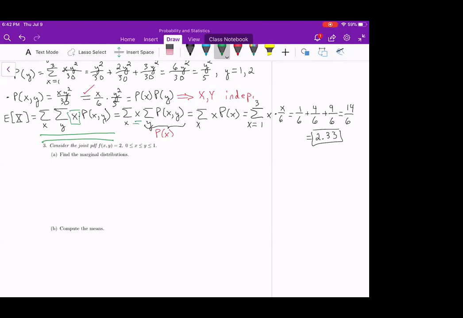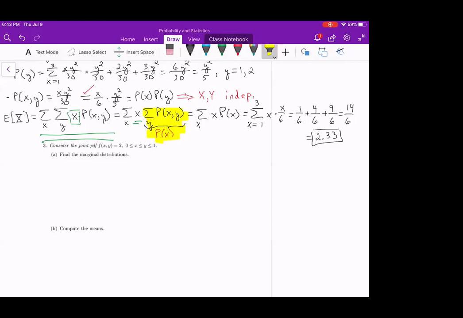I brought this x out of the summation across y. And what I realized is that the summation on the right, the summation across y of p of xy, is the marginal of x. That is the marginal of x. And so this becomes the sum across x of x times p of x, which is my next statement. So I went from a double sum to a single sum across x only.